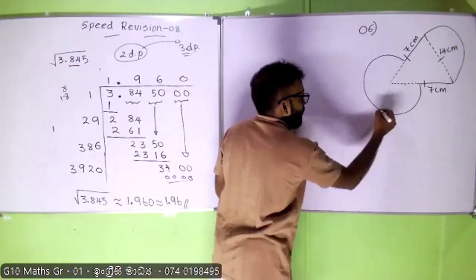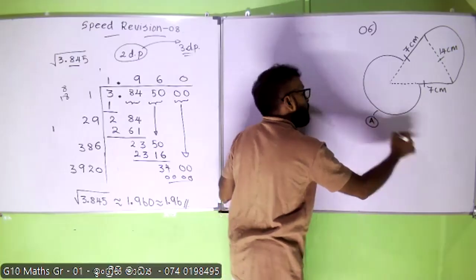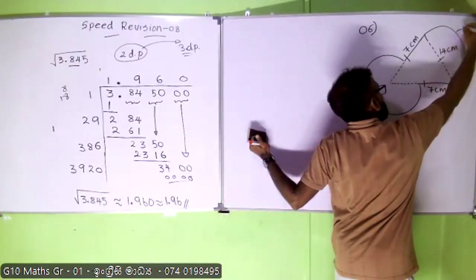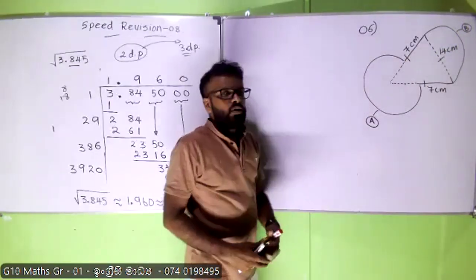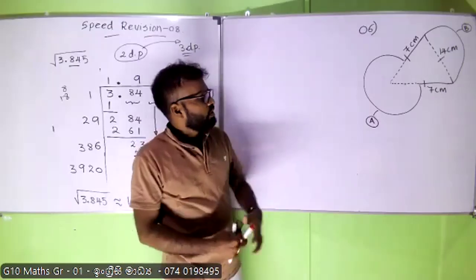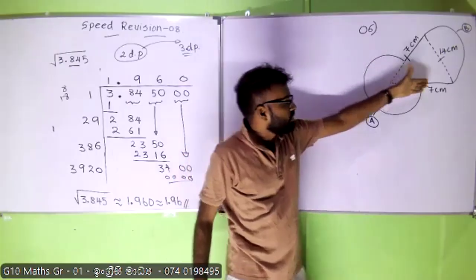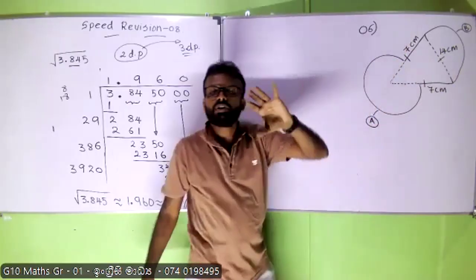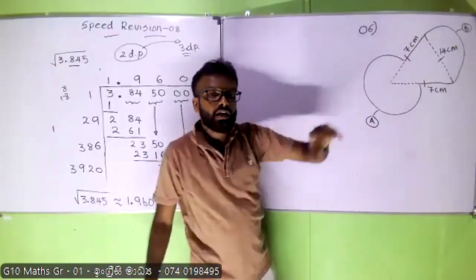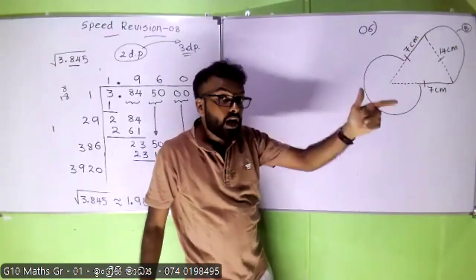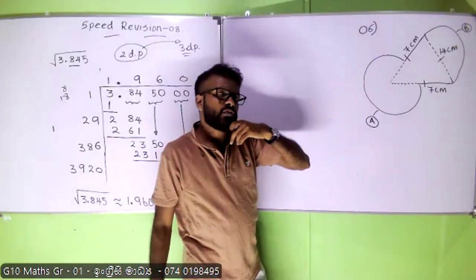First of all, I will take this as A. This as B. By looking at the figure, you can identify this side is equal to this side and this side. All of the 3 sides are equal, so the middle triangle becomes an equilateral triangle. What are the properties of an equilateral triangle?